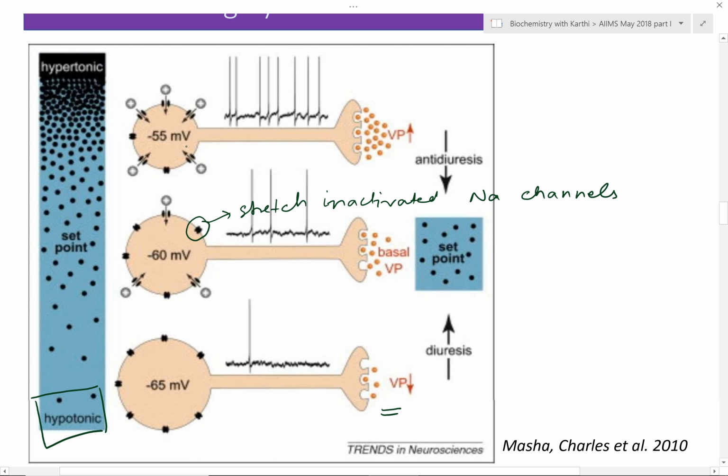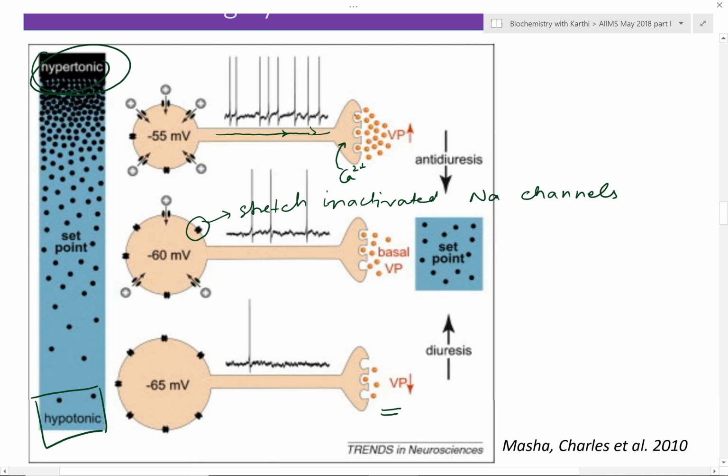However, in the opposite case, when you have a hypertonic environment, then the cells will shrink because the water will move out of the cell, and this will cause the activation of these sodium channels, leading to their increased firing. Now this will lead to the formation of an action potential down the axon, which will subsequently lead to the influx of calcium in the terminals.